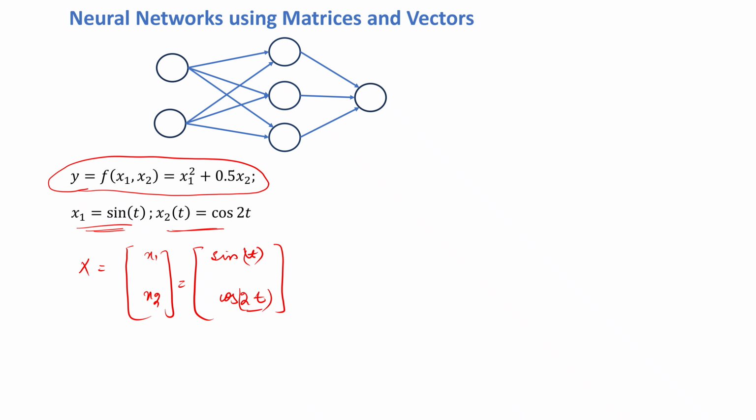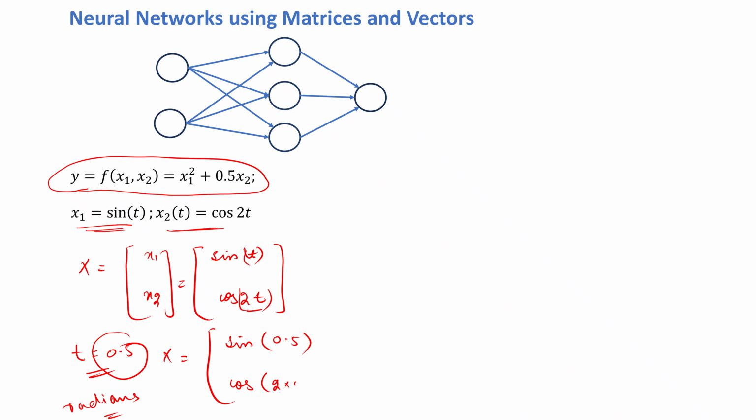So let's say we are doing it for the time 0.5. So what will be the x vector? We will simply substitute 0.5 here. Take note that this is radians, and this will be cos 2 times 0.5.